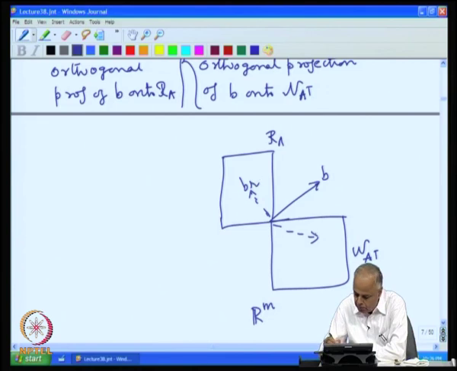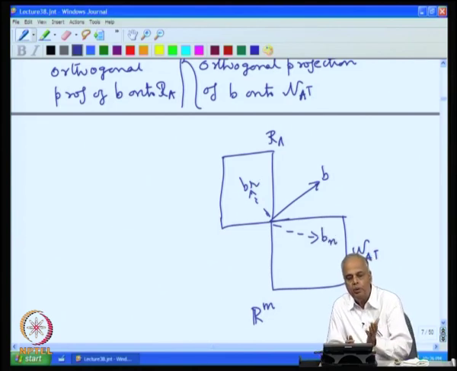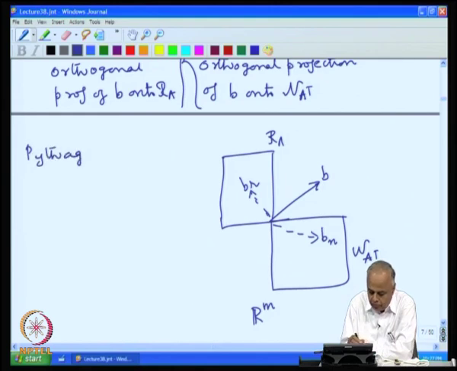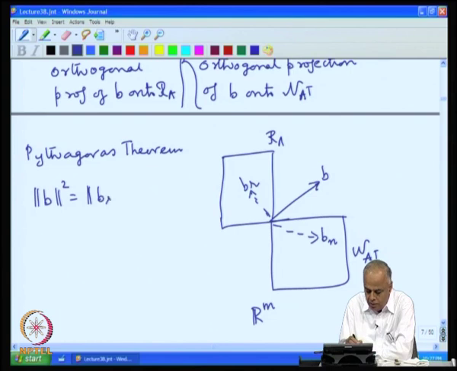This projection is B r and this projection is B n. So, B has been projected orthogonally onto R A and onto N A transpose, and the Pythagoras theorem tells us that the length of B squared is the same as the length of B r squared plus the length of B n squared.